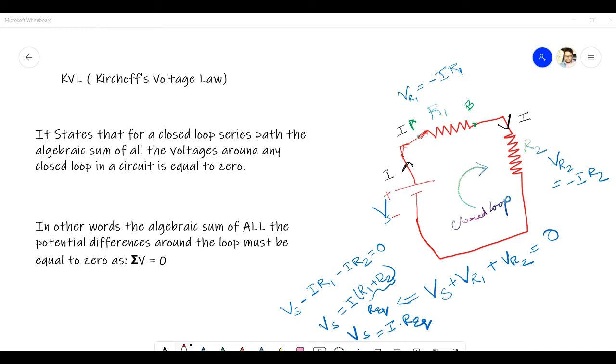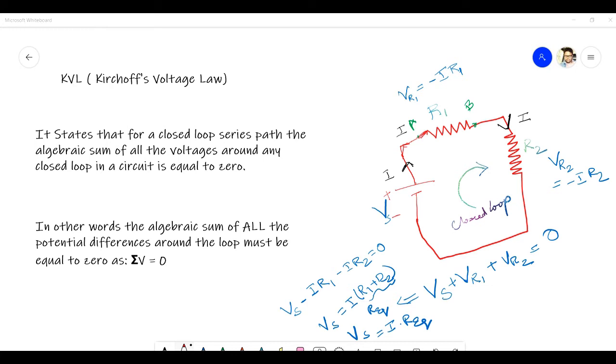Now we consider a small closed loop. A single closed loop system consists of one voltage source, a resistance R1 and a resistance R2, and it forms a closed loop. Now according to the KVL, the total voltage across the closed loop should be 0.